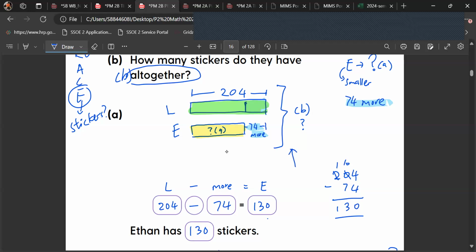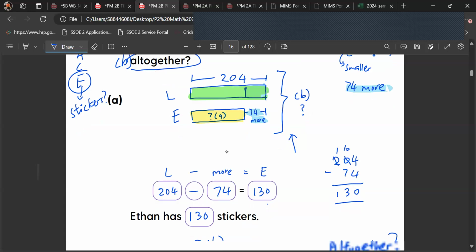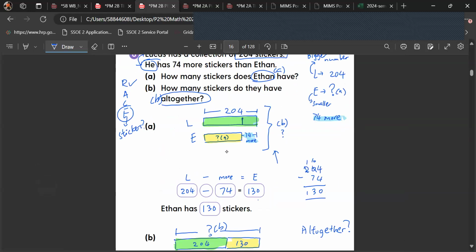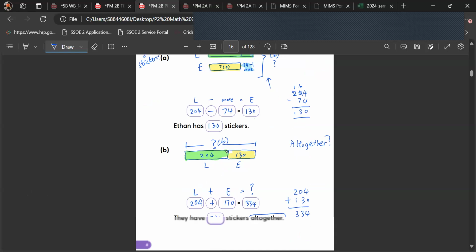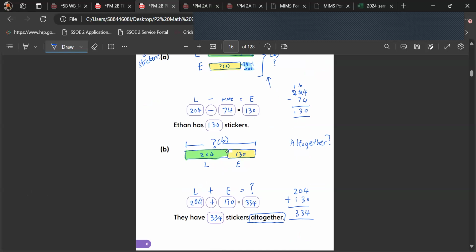Just one model can solve two problems already, right? But you need to remember there are two parts to this question. So I will have two question marks in my model, two equations, two workings, and two word sentences. I can read: Ethan has 130 stickers and they have 334 stickers altogether.